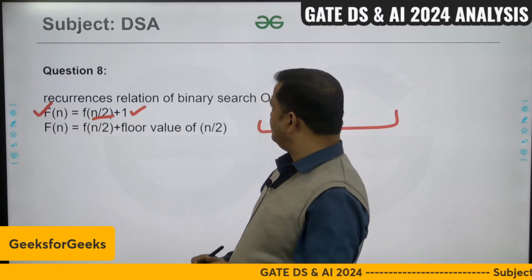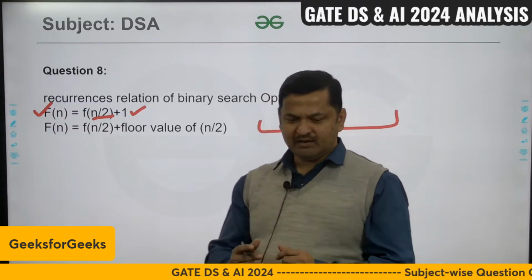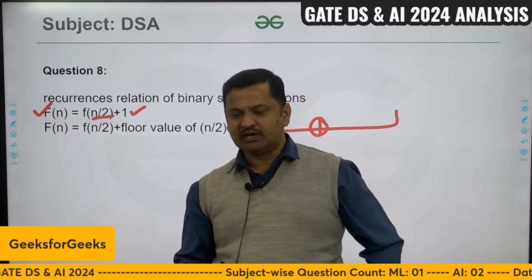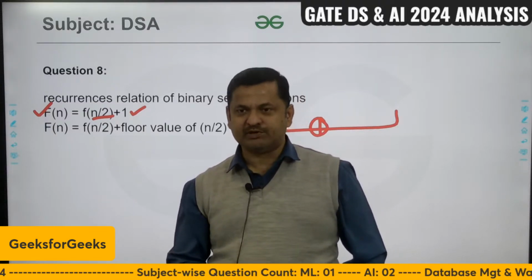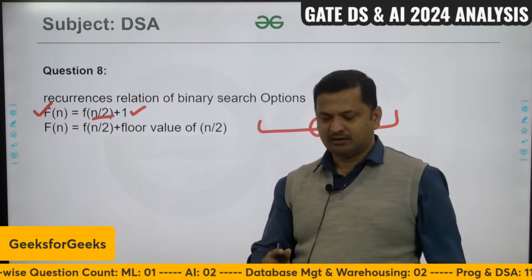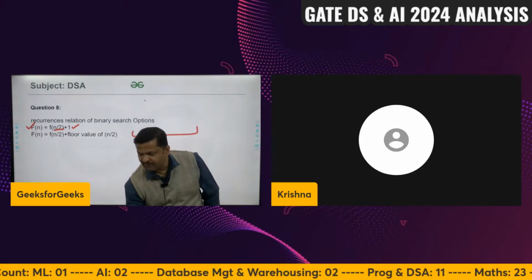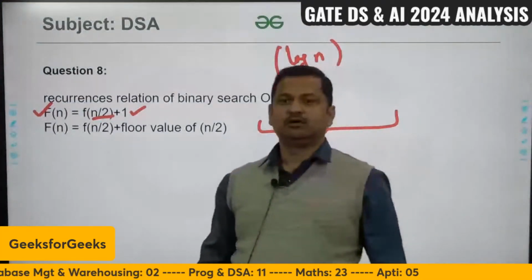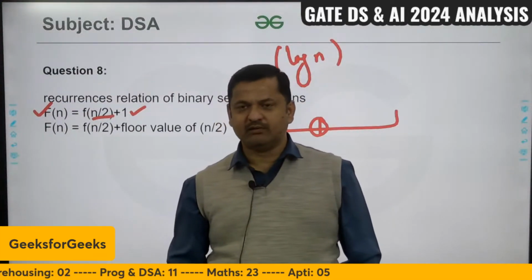Another possibility is that we can apply the recurrence relation. We can go for the master theorem, and then we can see which particular option is going to be correct. Okay, so we know that log n is the computing complexity of binary search.